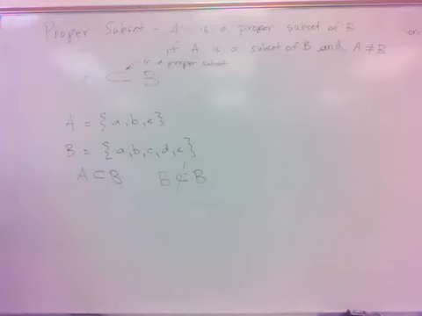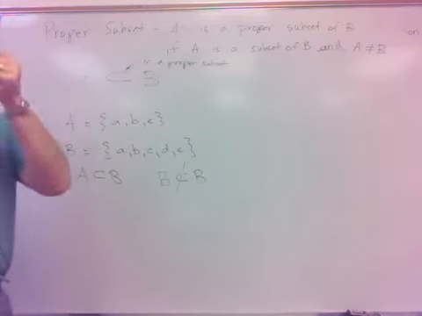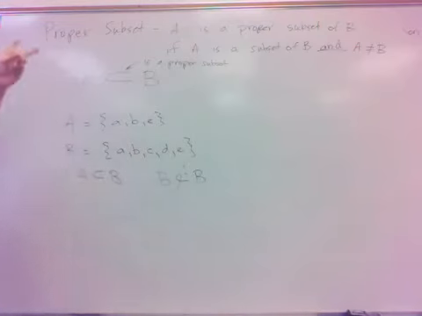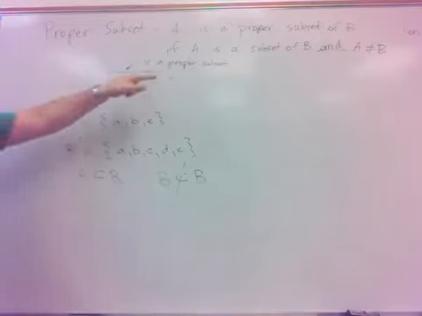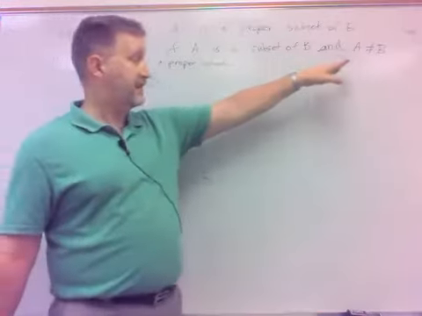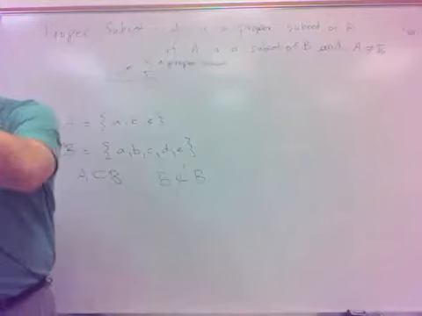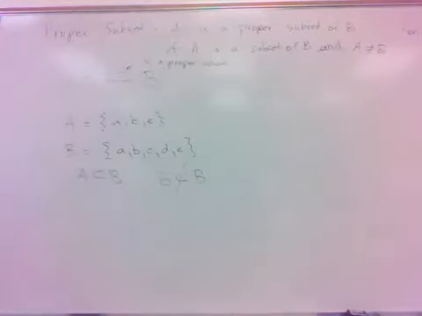So here's what it boils down to. To be the specialized proper subset that we're talking about, the set has to be smaller. For A to be a proper subset of B, A can't equal B. So that just means A is a smaller set than B. That's another way you could put it.